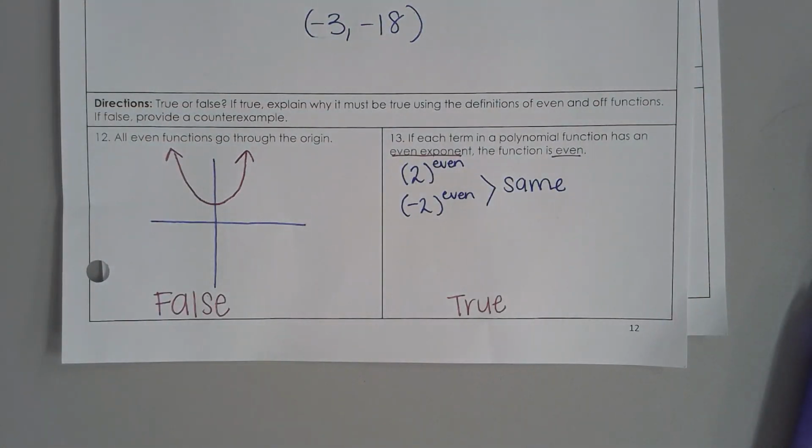Now, every term, so you can't have a term that's just a single number, like a plus 5 at the end. It doesn't work because that 5 does not have an even exponent. Every term would have to have an x with an even exponent. And that would make it true.